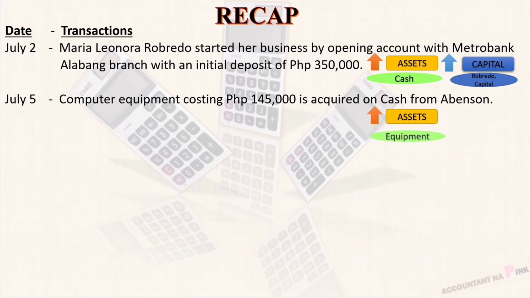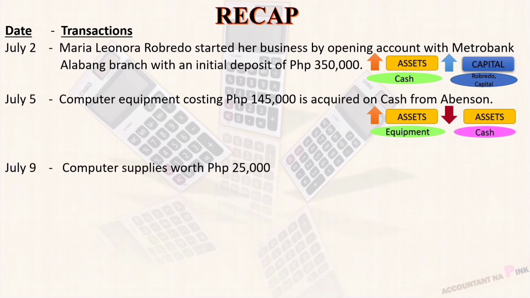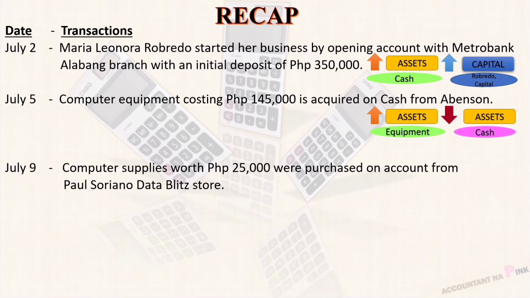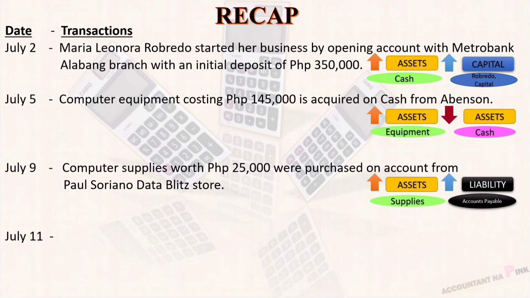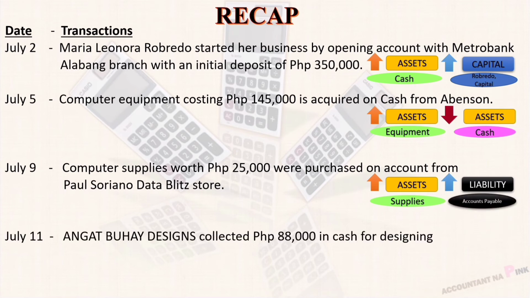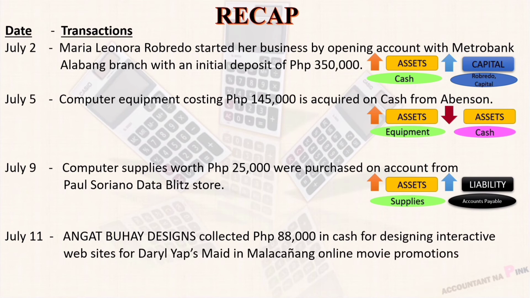So there was a payment of cash, so assets decrease. But it will be offset by the corresponding increase in equipment amounting to 145,000 pesos. July 9, computer supplies worth 25,000 were purchased on account. On account meaning there is no payment, but there is a liability account created, accounts payable. But there's a corresponding increase in assets with the acquisition of computer supplies.